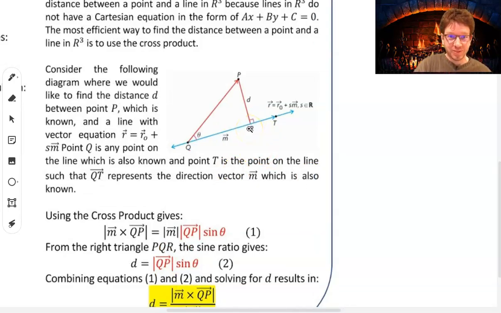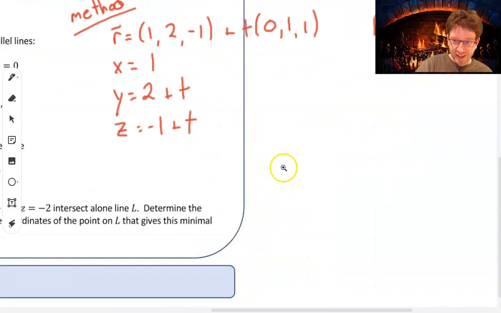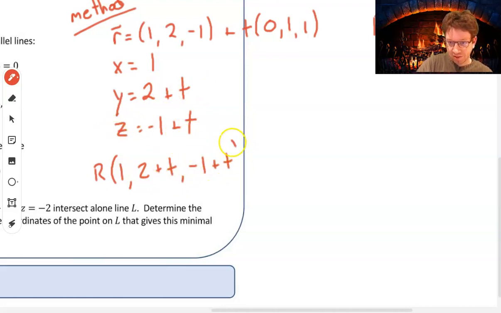Now I can't really figure out what R is, but what I can do is simply say that R is the point X, Y, which is 2 plus T, and Z, which is minus 1 plus T. There we go.